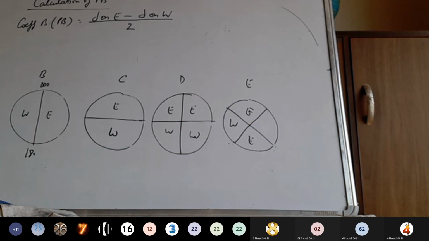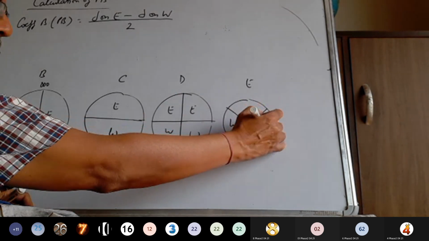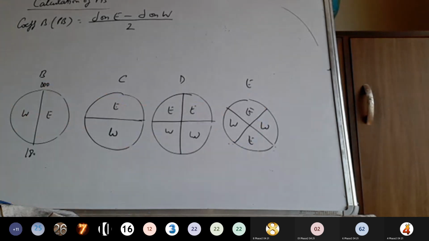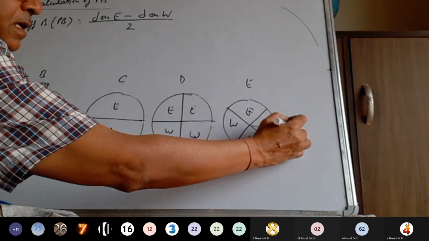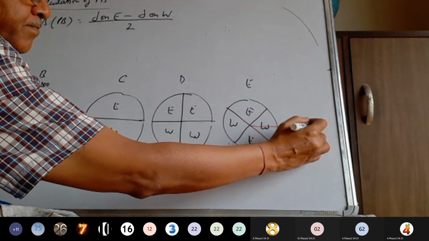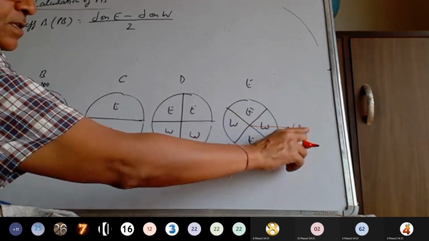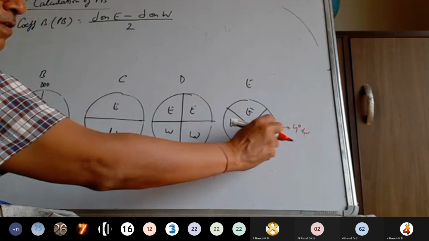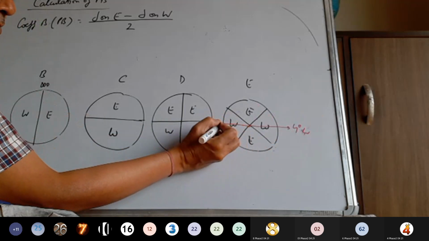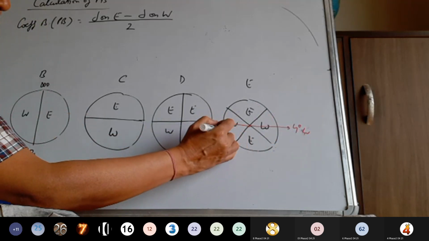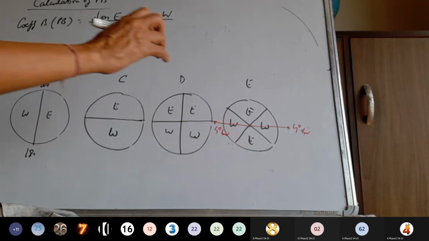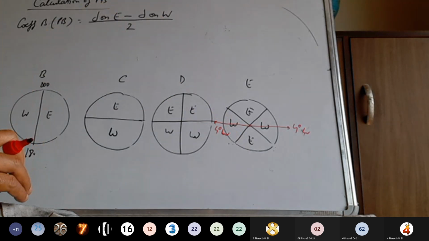What I have written here is westerly. So let us say the deviation due to coefficient E is 4 degrees west here, because everywhere it is west. So how much will it be here? Here also it will be 4 degrees west, by symmetry, because it is all symmetrical about the x-axis.